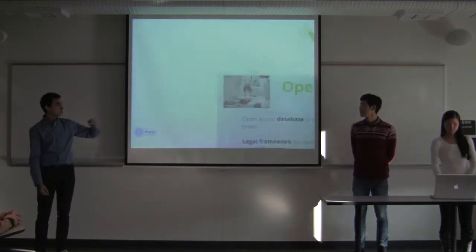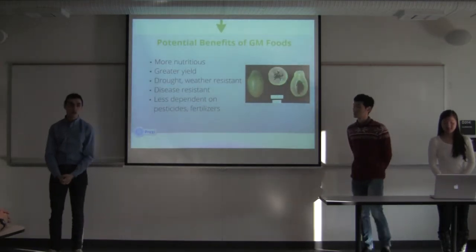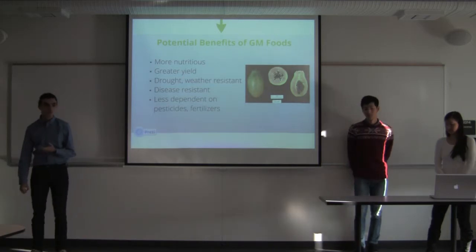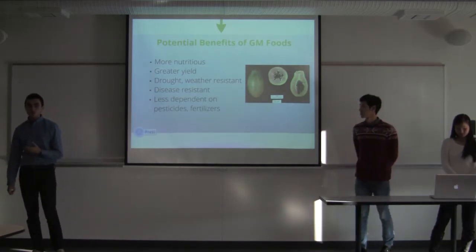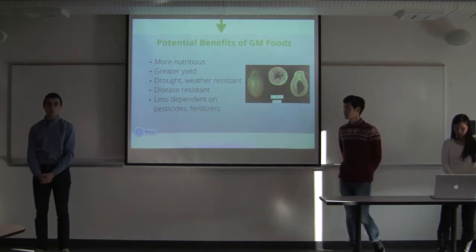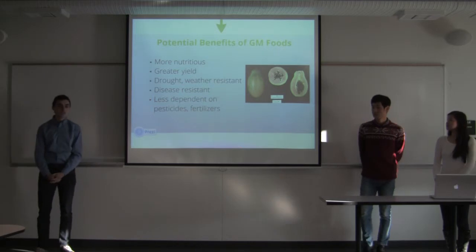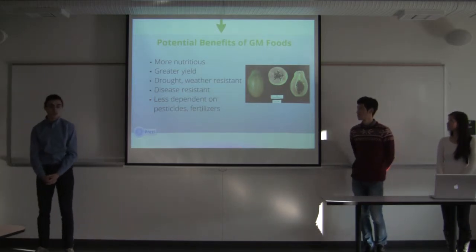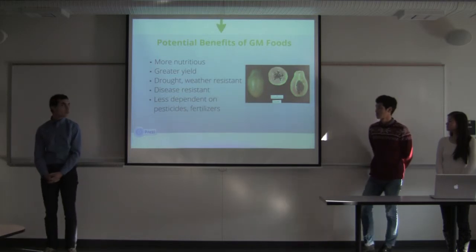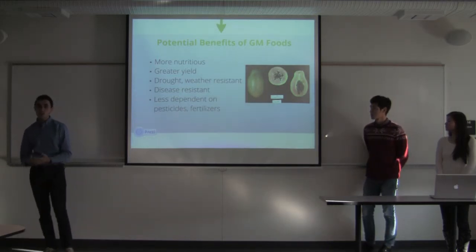So pictured here is the Sunup papaya variety. This is another example of how GM foods have been used probably for good. In Hawaii, the papaya industry is quite large, and the ring spot virus was killing most of the papaya production there. Through the introduction of this Sunup papaya that was resistant to the ring spot virus, it saved the Hawaiian papaya industry, and currently 80% of Hawaiian papayas are this genetically modified variety.